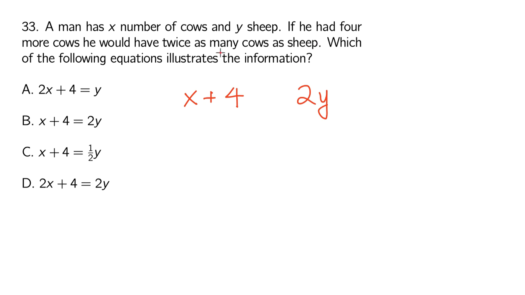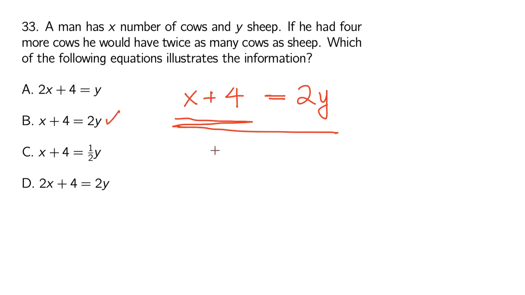So if he had 4 more cows, he would have twice as many cows as sheep. So this new number of cows is going to be equal to twice the number of sheep. So this is the expression, and that is B.